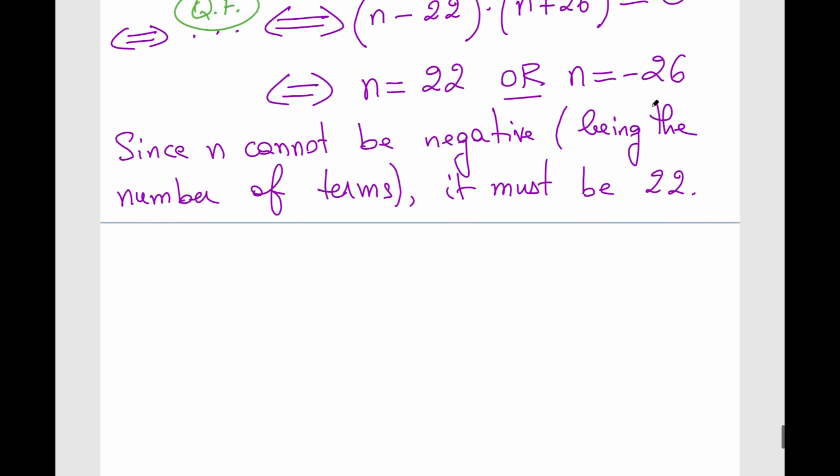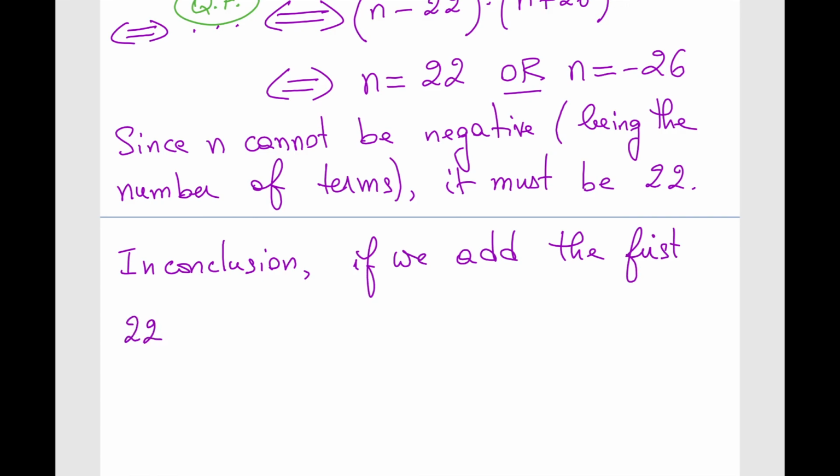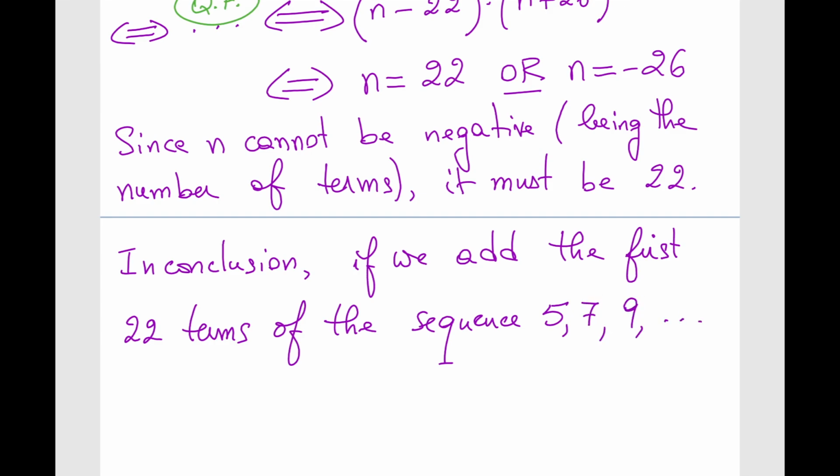So in conclusion, if we add the first 22 terms of the sequence, which is the subsequence of odd numbers, the sequence of odd numbers, we get S22 to be that number, 572.